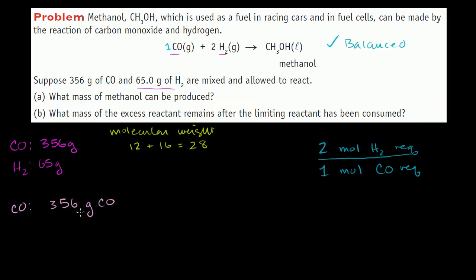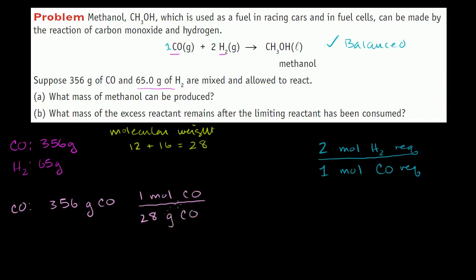And we want to write this in terms of how many moles of carbon monoxide we have. So 1 mole of carbon monoxide has how many grams? Well, its molecular weight is 28, so if we have a mole of them, that 6.022 times 10 to the 23rd molecules of carbon monoxide, that's going to weigh 28 grams.